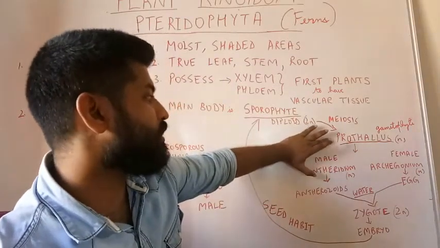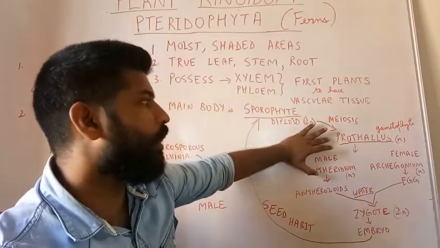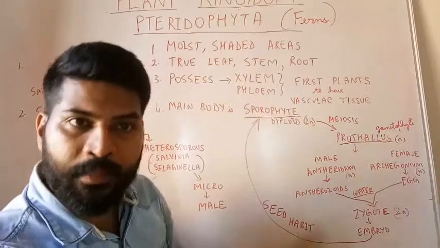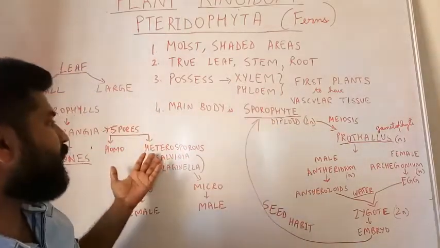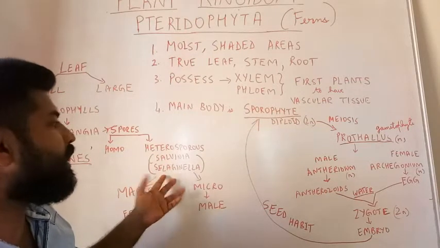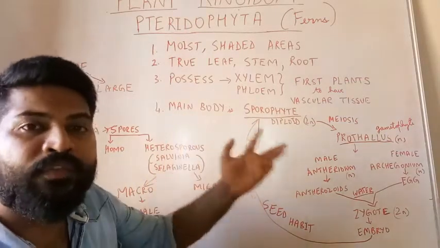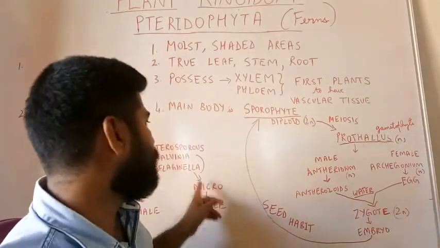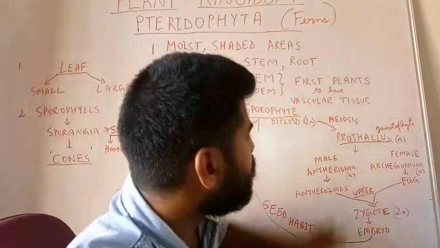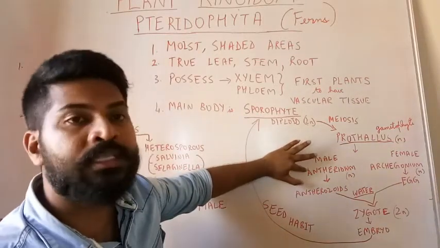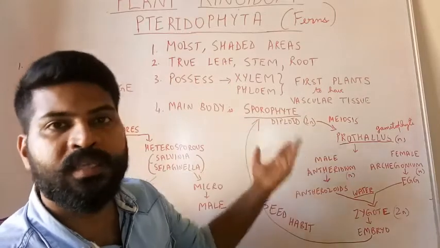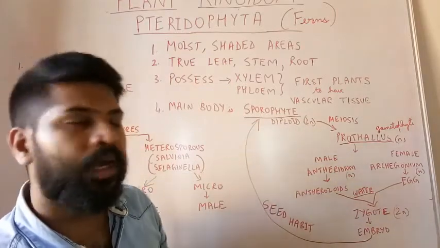The prothallus could have both male and female sex organs in the same plant, or as in the case of Salvinia and Selaginella, two separate male and female gametophytes are present if it is heterosporous. The male sex organs are called antheridium, female sex organs are called archegonium, similar to what we saw in bryophytes.